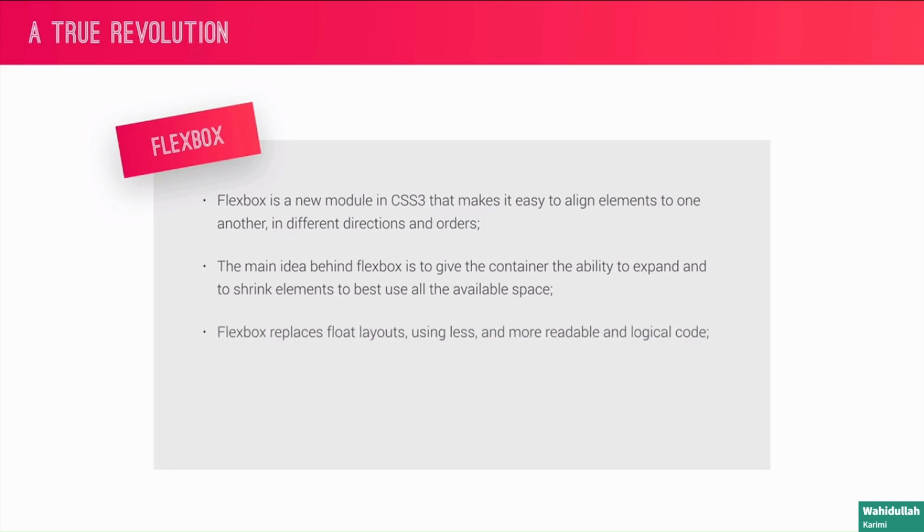So with Flexbox, we can easily replace float layouts with much less and much more readable and logical code. And because of that, Flexbox completely changes the way that we build layouts, and especially one-dimensional layouts, because that's where Flexbox really shines.